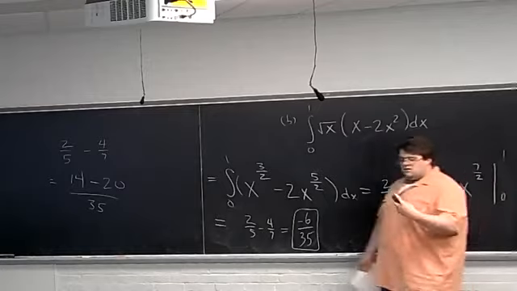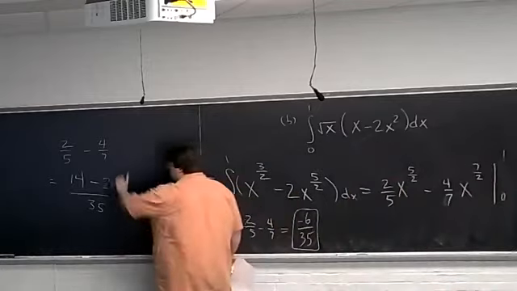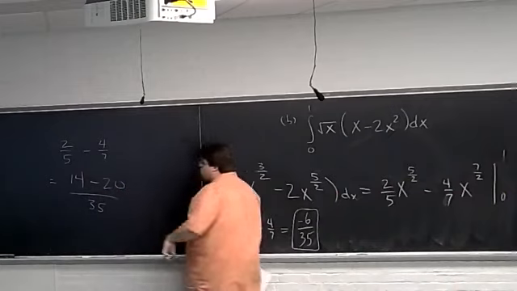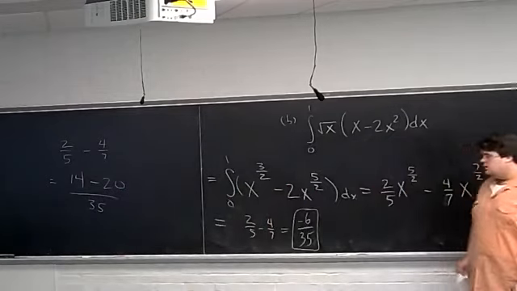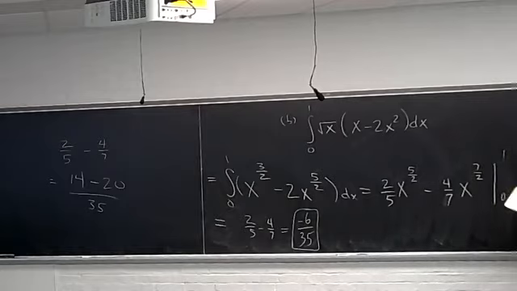It saved me a good amount of time not having to think about denominators, just jumping to the cross multiplication. But if you like the denominators, you're welcome to use them. Any questions about that?